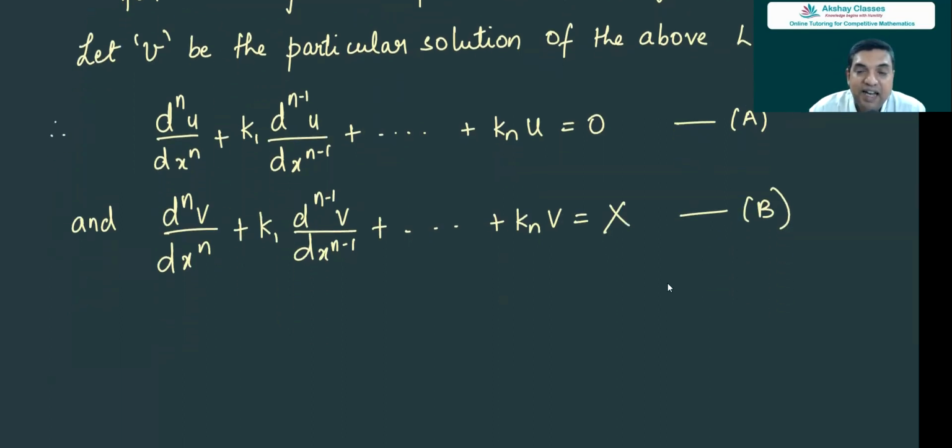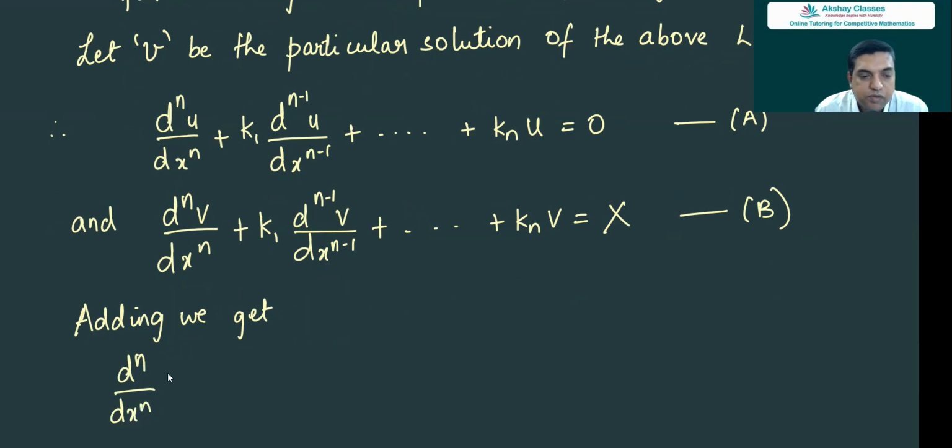So now we can add. Adding, we get, because of the addition rule for derivatives, u and v can be added.